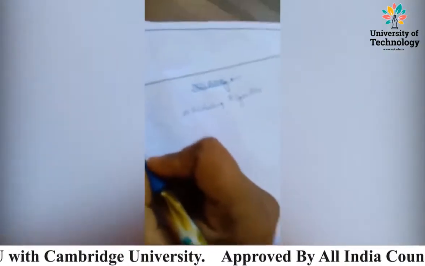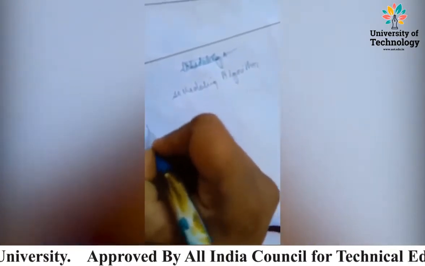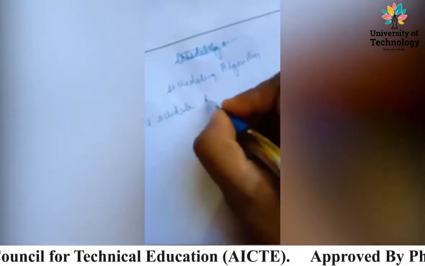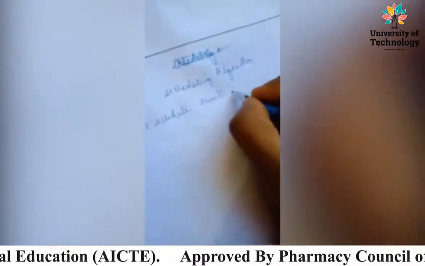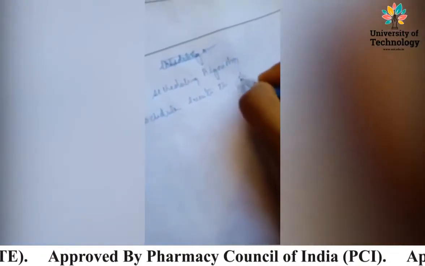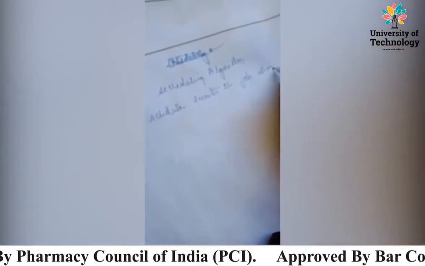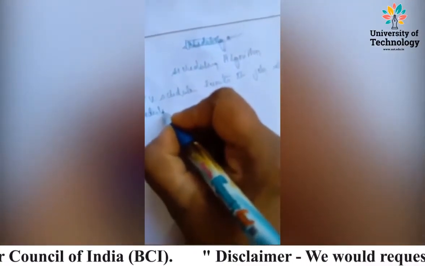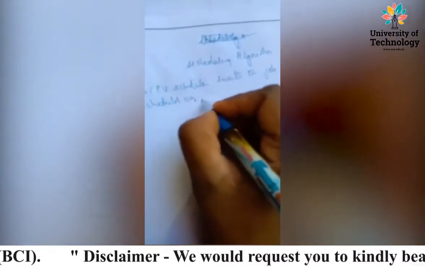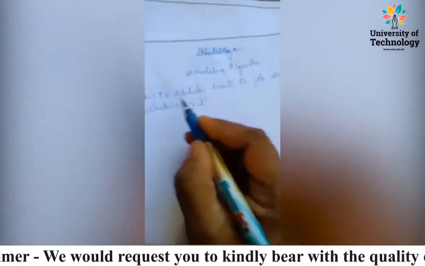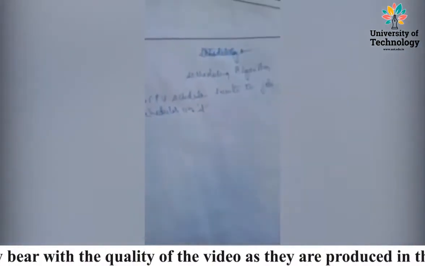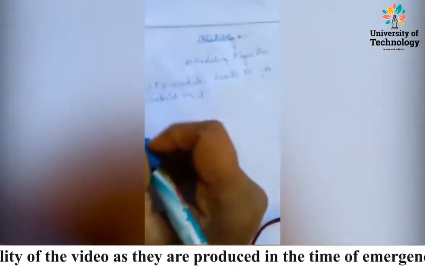So you can write it as a point: the CPU scheduler executes the job when it is scheduled on it. The processor executes the job whenever it has been scheduled on it.